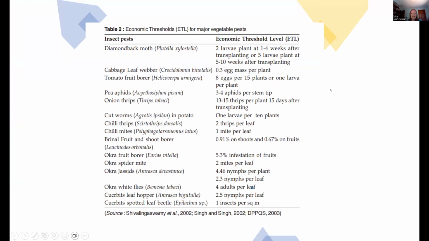And then I just wanted to give you an example that you can find papers, research has been done on all these pests here, and probably others, to come up with these economic thresholds. So, 1 mite per leaf, 2 larvae per plant. Most of these are per leaf or per plant. In some cases, they'll also be for traps.